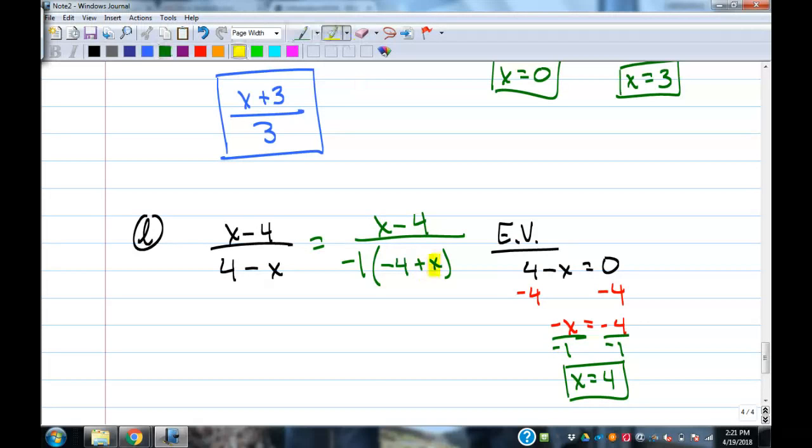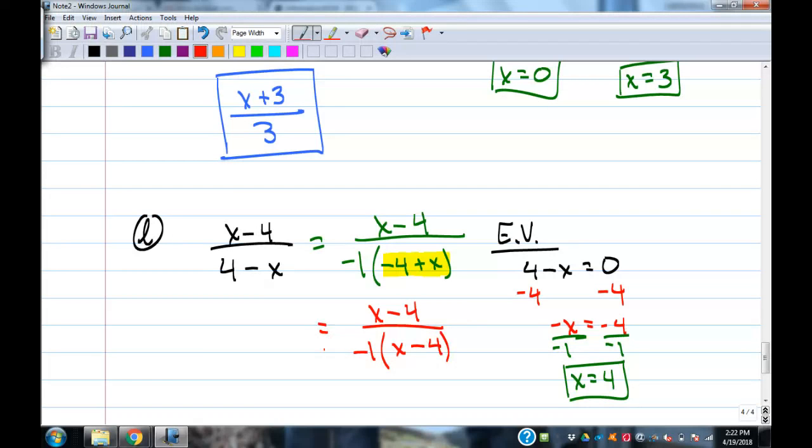This part right here, can we rearrange that? Yeah, we can rewrite it because it's now addition. Addition is commutative, meaning you can do this and it's still the same thing. If I do that, I'll have x minus 4 on top, -1 parentheses, x plus -4, or that's the same thing as x minus 4.